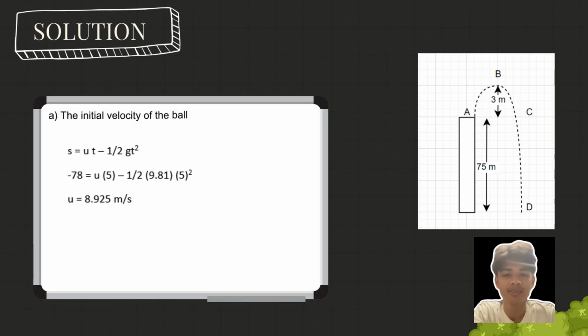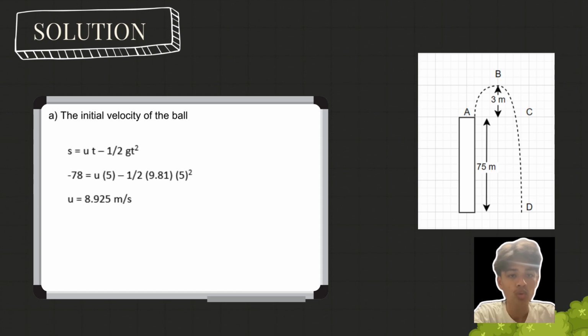So here is the solution for example 1. As you can see, we have the height of the building, the time to fall to the ground, which is 5 seconds, and the thrower's hand, which is 3 meters above.